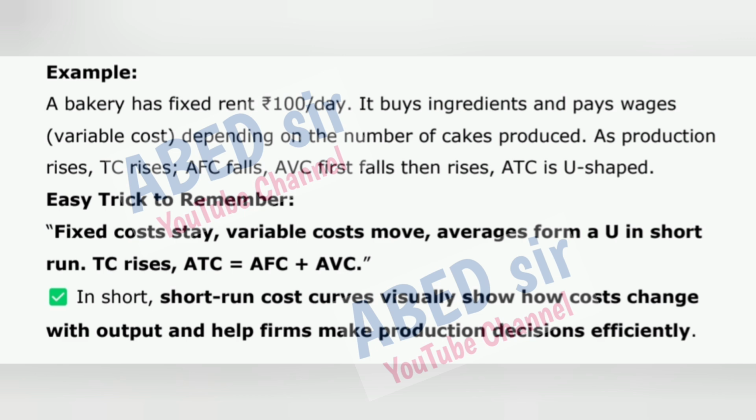Easy trick to remember: fixed costs stay, variable costs move, averages form a U in the short run. TC rises, ATC equals AFC plus AVC. In short, short-run cost curves visually show how costs change with output and help firms make production decisions efficiently.